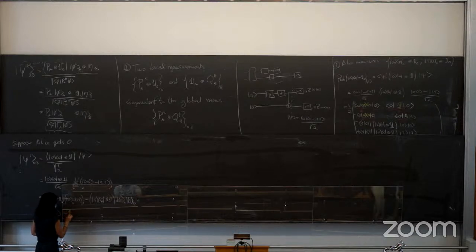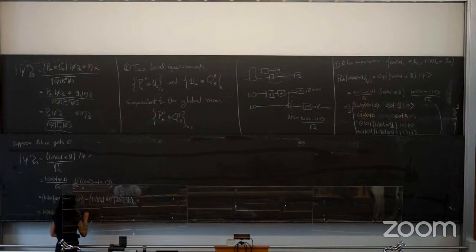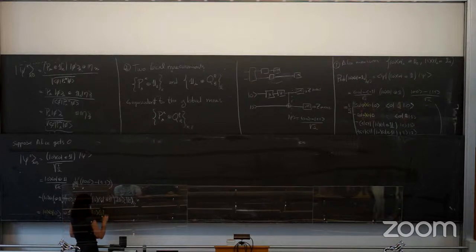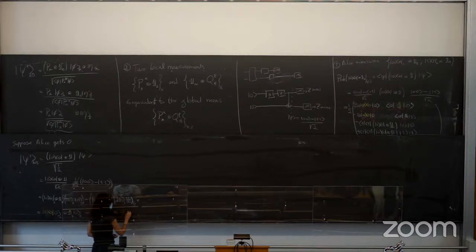So in yellow is this operator here, this projector, acting on B. Minus 0, 0, acting on this one. And so the identity acting on this other one. Okay.